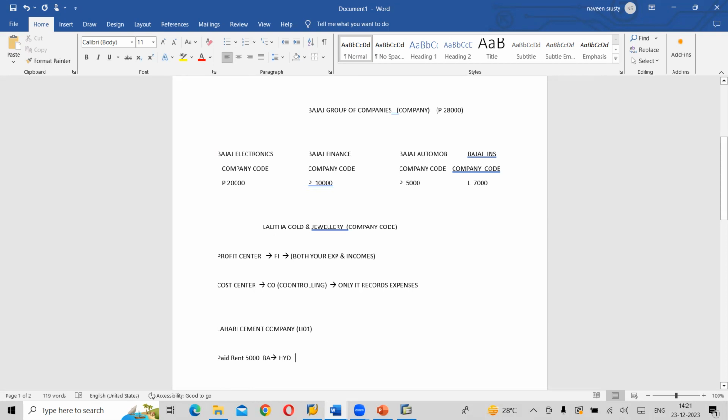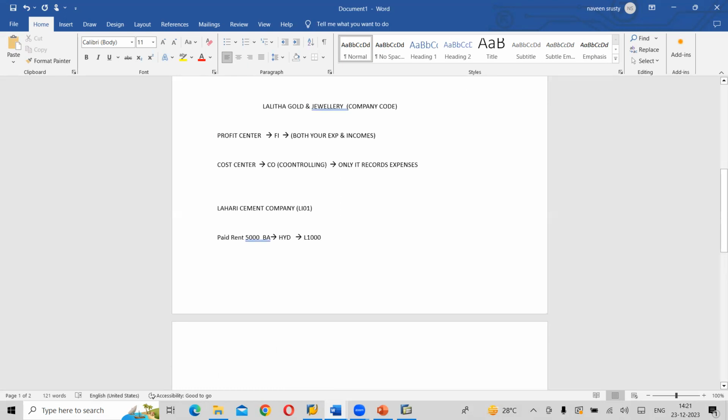The cement segment. For example, I have created it as L1000, Lahari 1000, and I'm identifying the segment with 1000. Paid rent, business area Hyderabad, segment 1000. So what is the entry we are going to write?